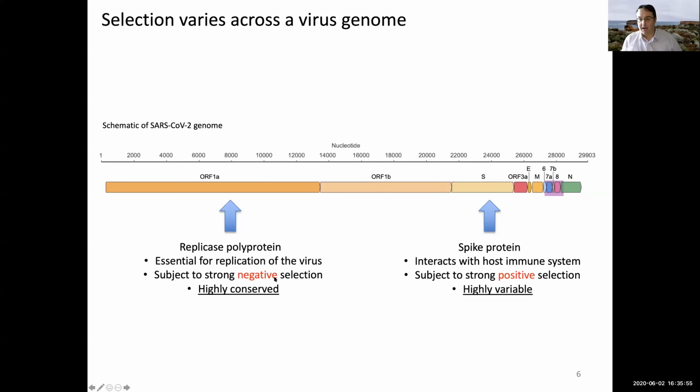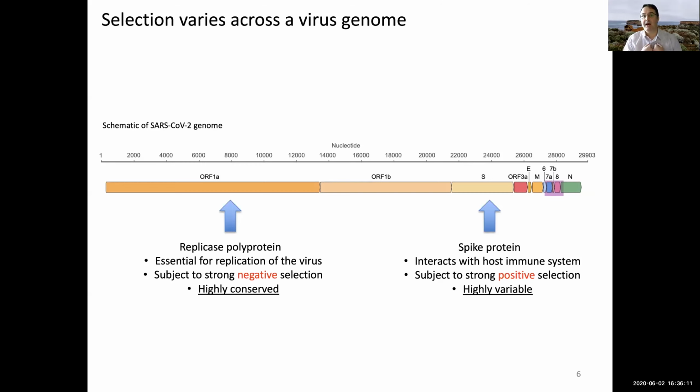But effectively what happens is, with the viruses, they produce a high amount of diversity when they're replicating. Not all of those virus particles that will be produced will actually be able to grow.